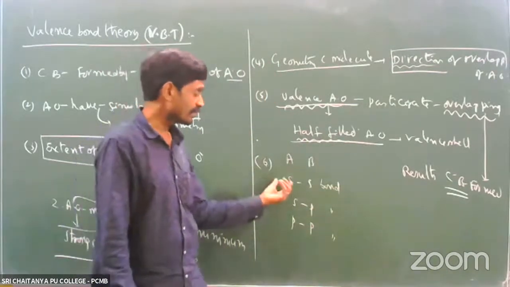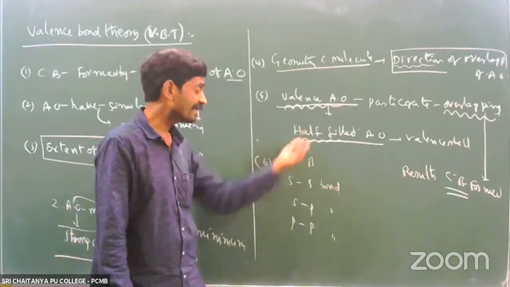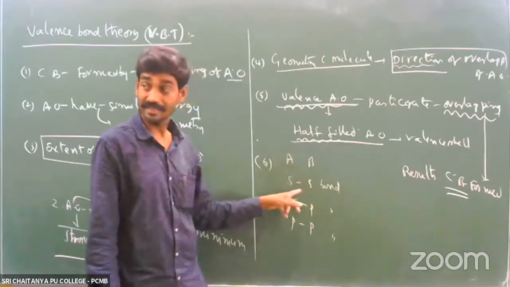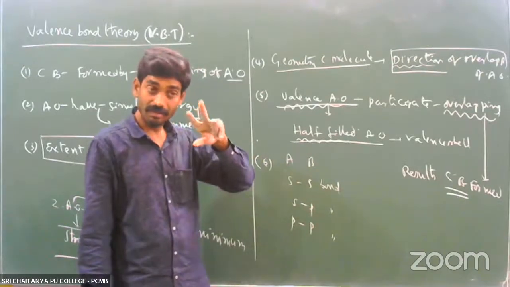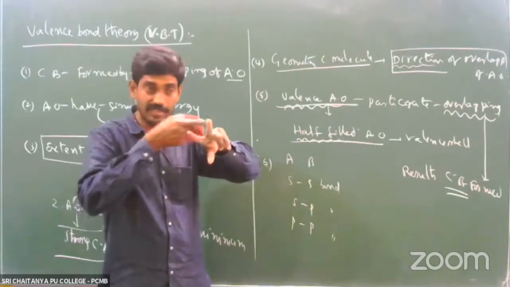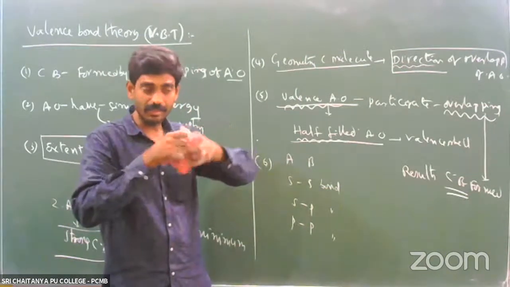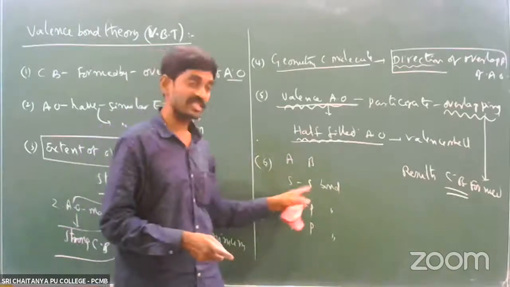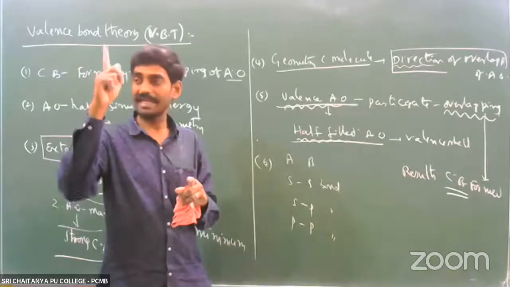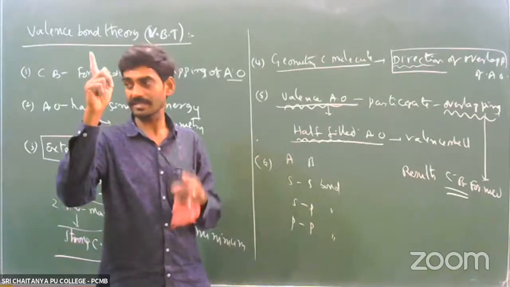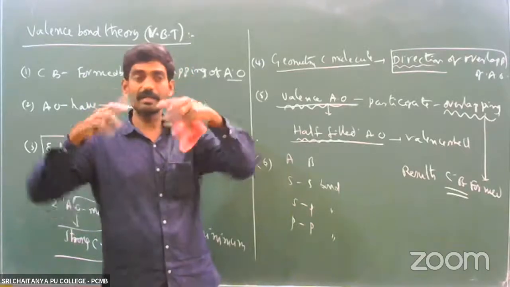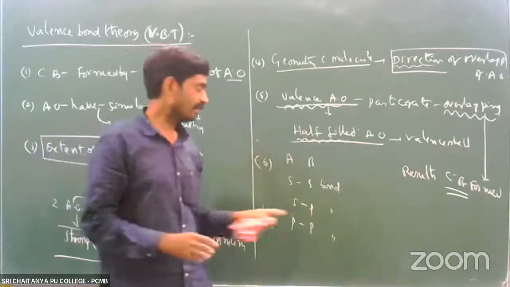That is, if two half-filled s atomic orbitals present in the valence shell of two atoms are overlapped, they form an s-s bond. If the s atomic orbital of one atom having a half-filled electron and the p atomic orbital of another atom having a half-filled electron overlap, they form an s-p bond.